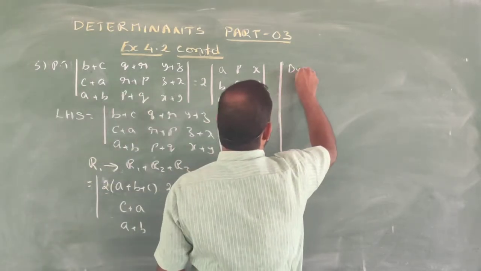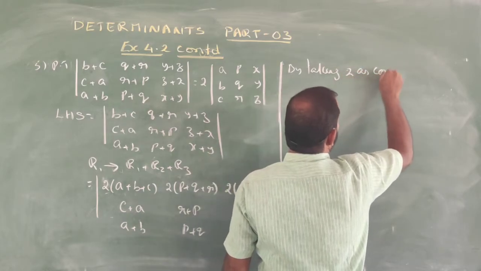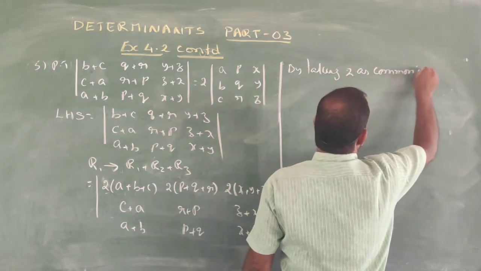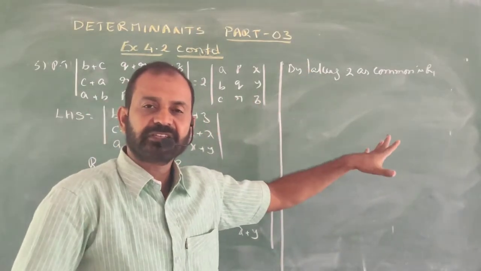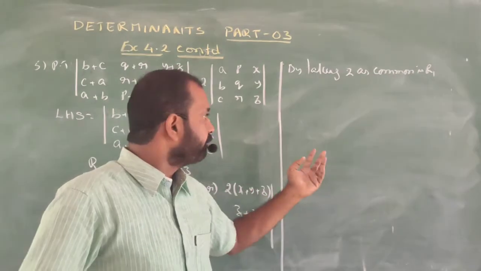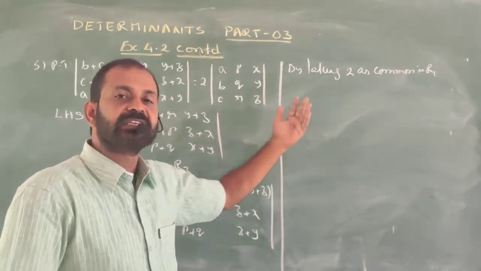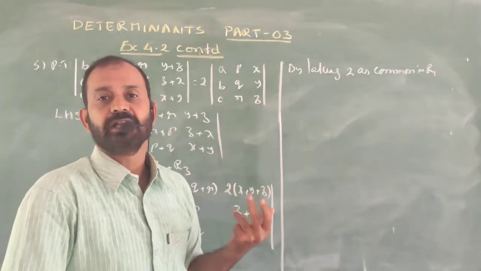Since 2 is common in the first row, I can take 2 as common. In a matrix, we have to take the element common from all the elements, whereas in determinants, from a single row also we can take the common.